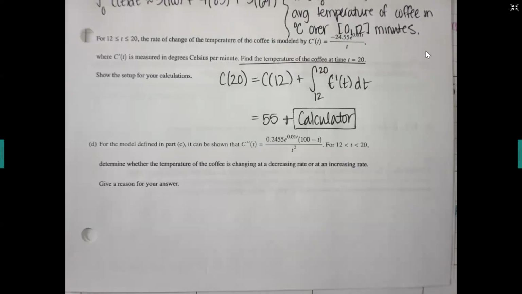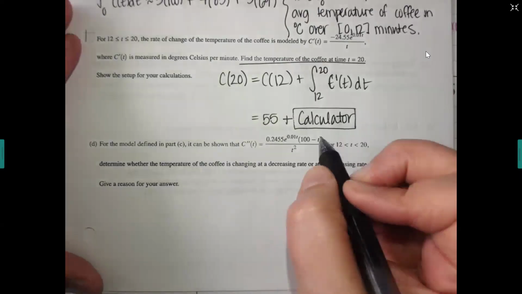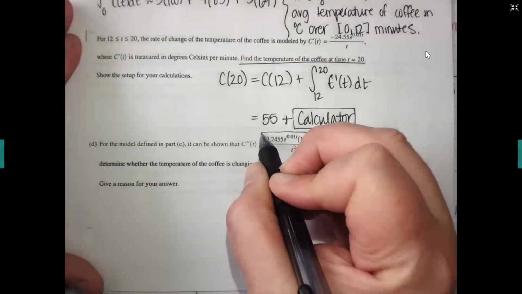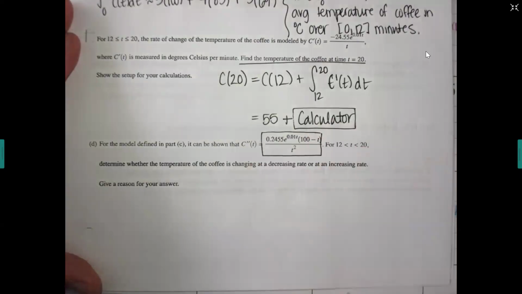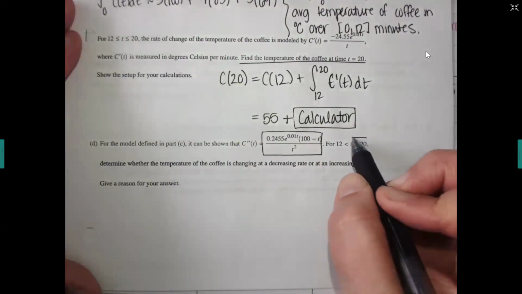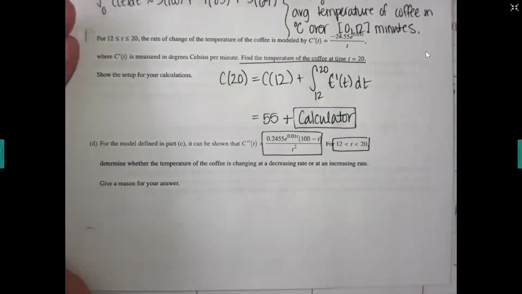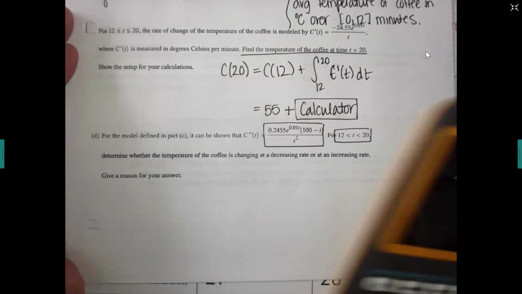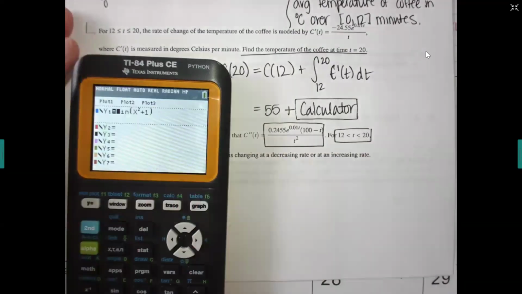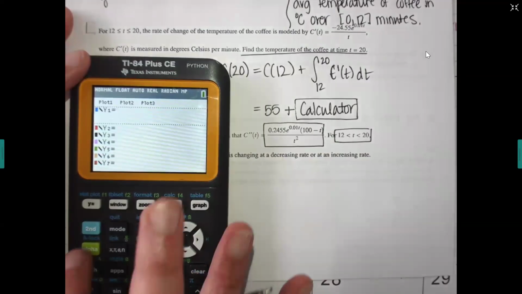That's a concavity question. So all that you need to do, go ahead and do this for me now, is put this one in the calculator and then see between 12 and 20 if those numbers are positive or negative. So I'm going to go into my Y equals and type that in.